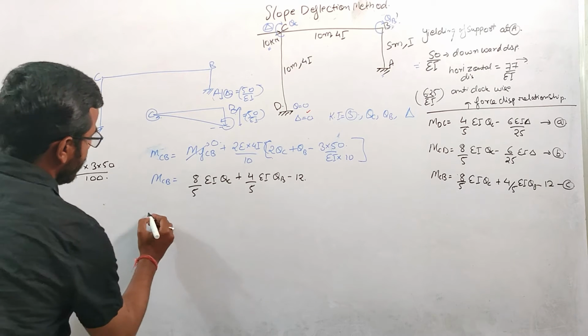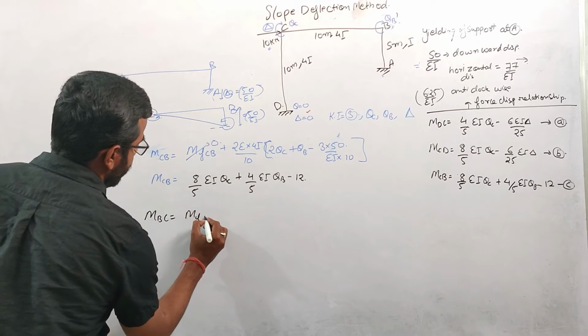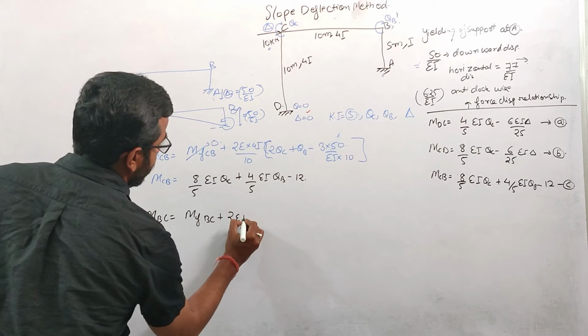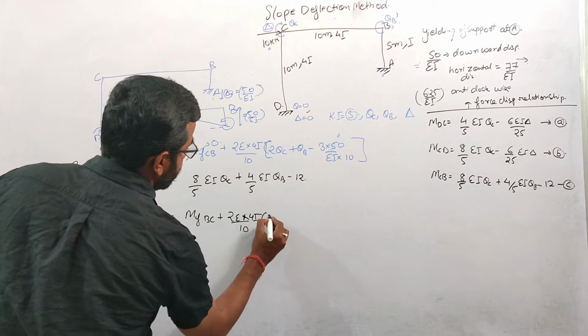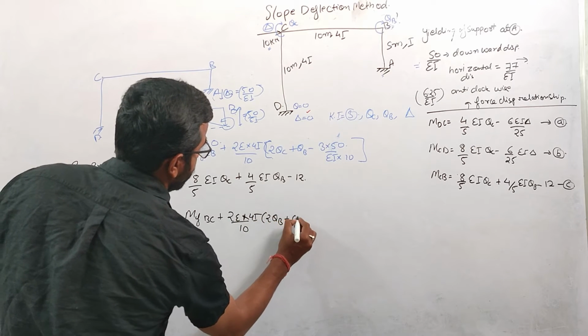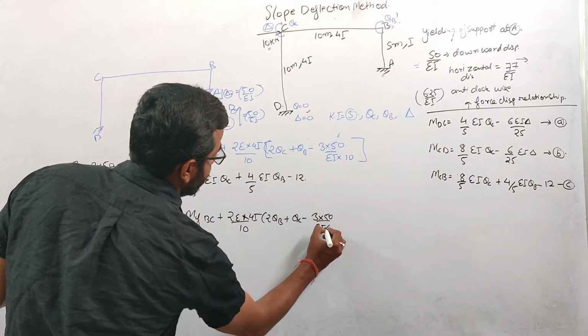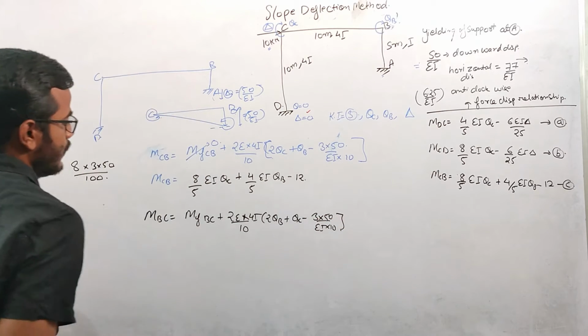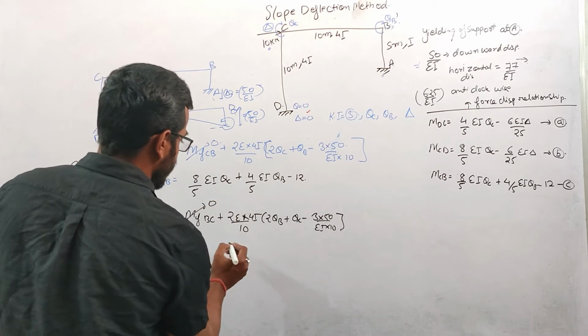Okay, for MBC it is equal to MFBC plus 2EI, 2 into E into 4I over 10. This is equal to twice theta B plus theta C minus 3 into 50 over EI into 10. Okay. So if you again solve this equation, this term is 0.